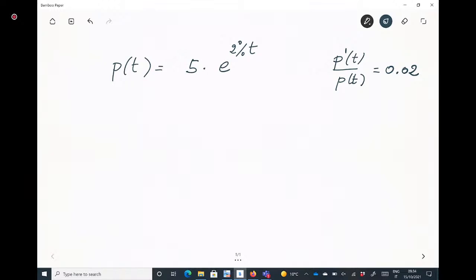Sometimes P prime of t is denoted as P dot of t. This is called the dot notation for time derivatives. Basically, this is the derivative with respect to time. When the independent variable is time, the time derivative is denoted as P dot. This is just a matter of notation.